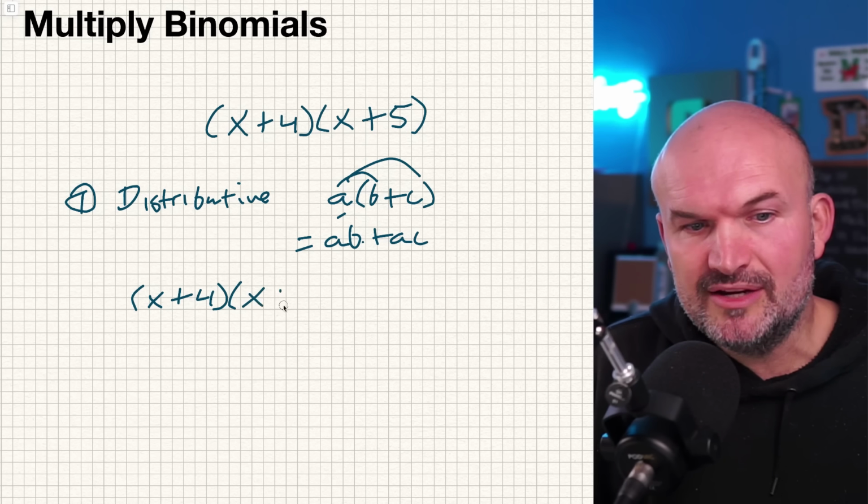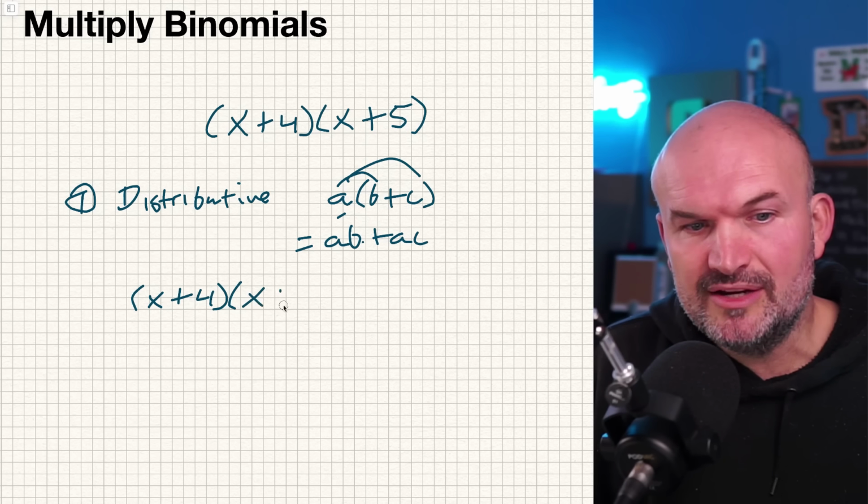Now, the distributive property is great, but some students even forget the distributive property. And they kind of need even a little bit more help to remember things. And that is where our favorite acronym FOIL is going to come in. Now, FOIL is going to stand for first, outer, inner, last. So if we look at our binomials again, if I have this x plus 4 times the x plus 5, right?